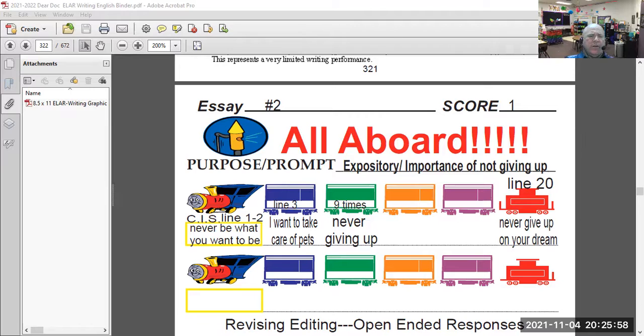And if you notice, all the kids who got the one were all too vague. They weren't specific enough. They got enough to get the one because they found things about the prompt and a little bit more, but nothing beyond what I call a vague response.